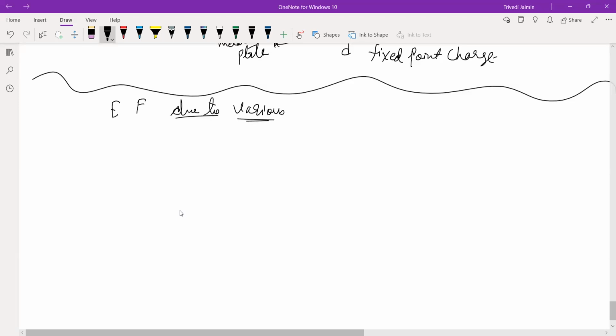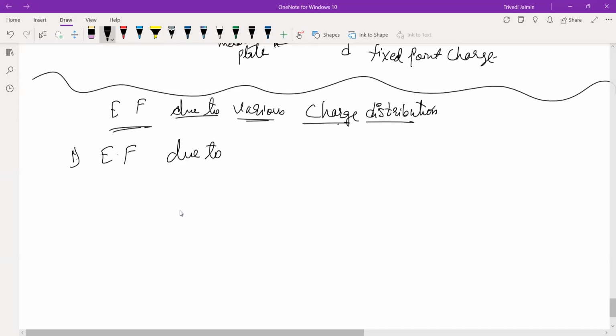Various charge distributions. See, I'm not going to derive anything here. We'll just see formulas and how we are using formulas in your competitive exam. That's what we are going to see. Formulas and the shortcuts. Electric field due to.